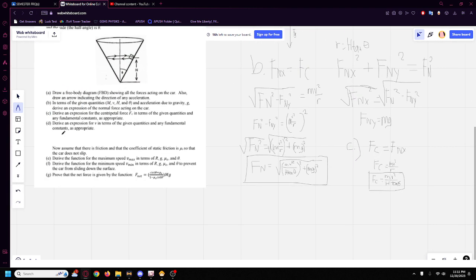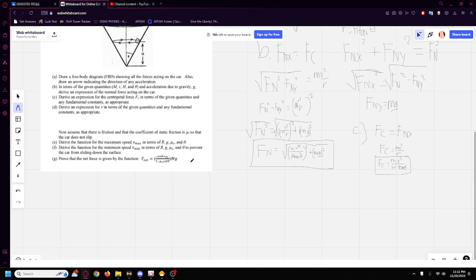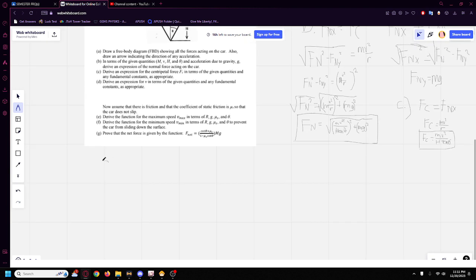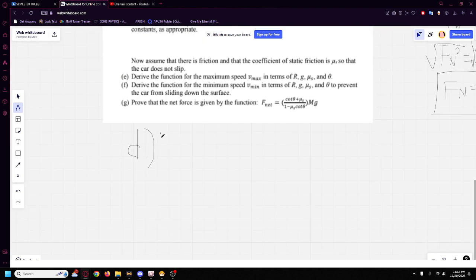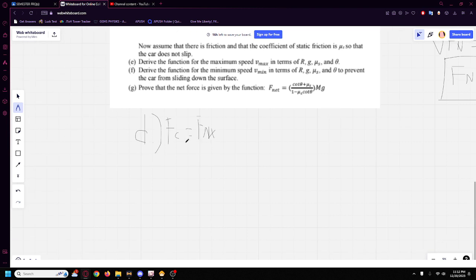Part D asks to derive the formula for v. There's no friction for this one. So F_c is equal to F_N x, and F_N x is the same thing as F_N cosine theta.